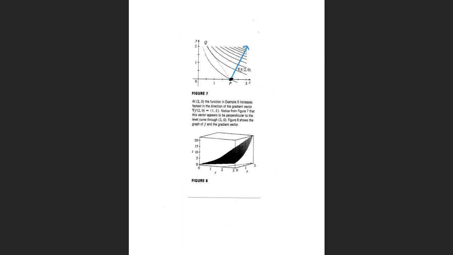We're at this point P, and P, you can see, has coordinate 2, 0.